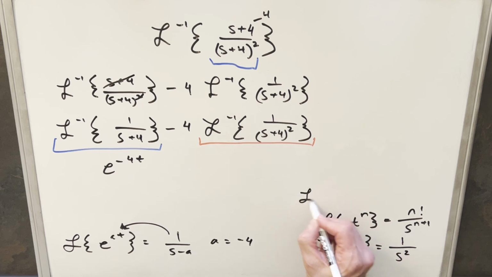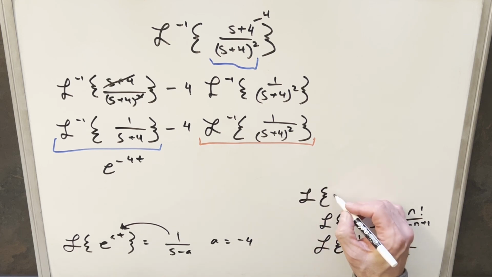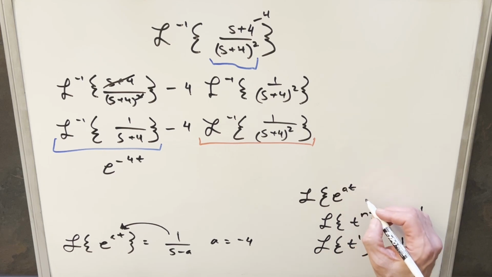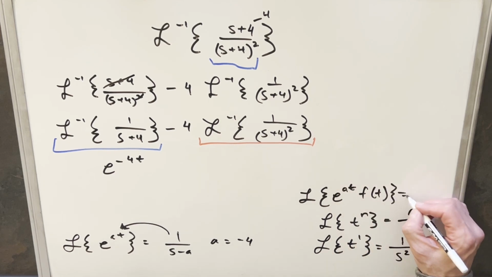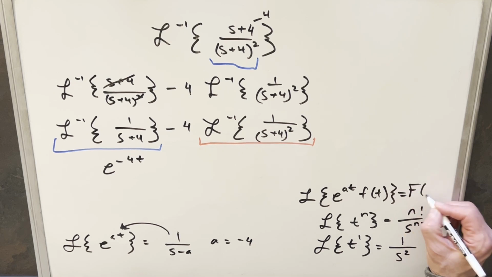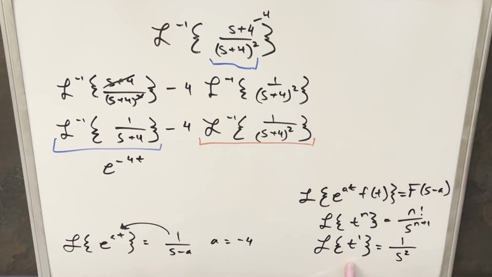So we have this other formula that is the Laplace of e to the at times some function f of t is going to be the Laplace of that function shifted by a. So what I can do is take this Laplace of t, we can call this our F of s, but then we just need to shift it.